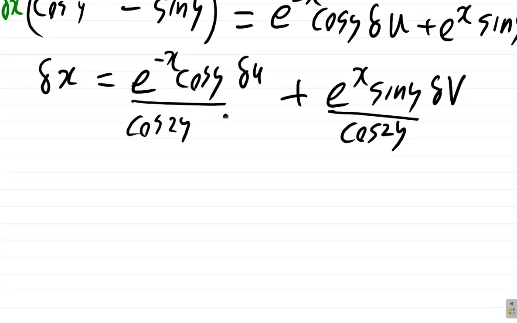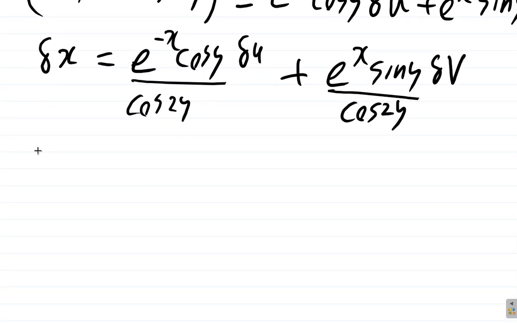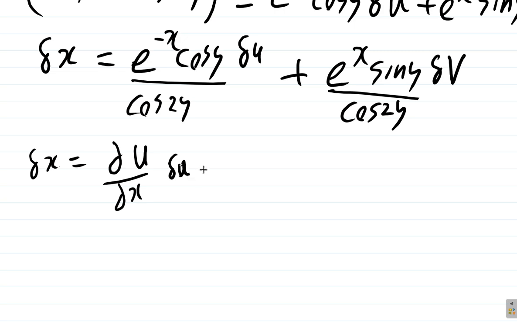Now, the general form for a small change in x is the partial derivative of x with respect to u times a small change in u, right?